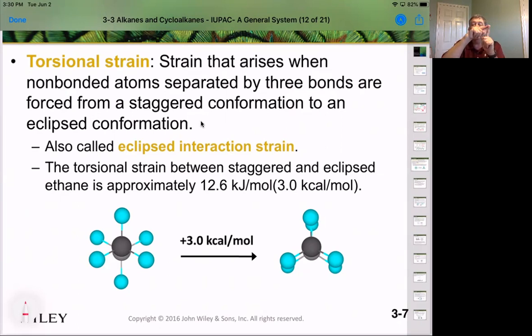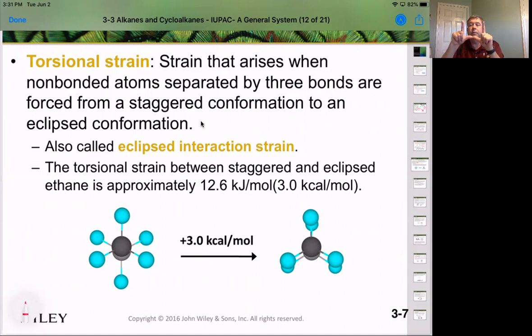A torsion angle is between 3 bonds and 4 atoms. So the angle between this hydrogen, the carbon, and that last hydrogen right here creates a total of 3 bonds over 4 atoms. When these hydrogens are staggered, they aren't close to each other.